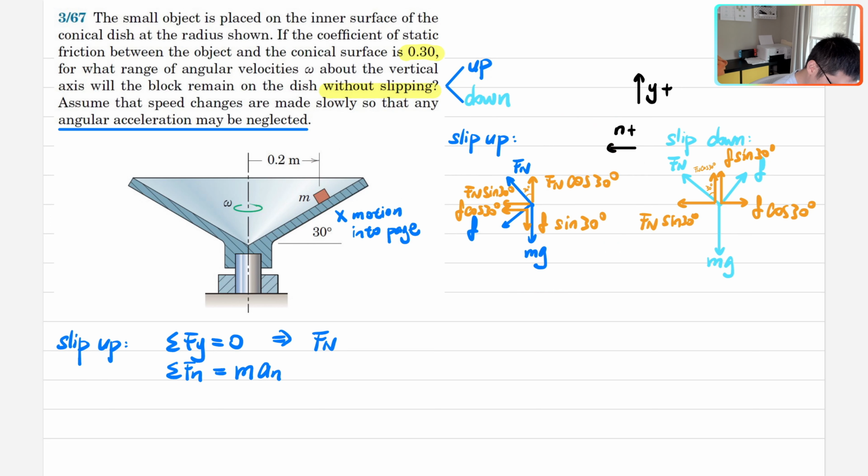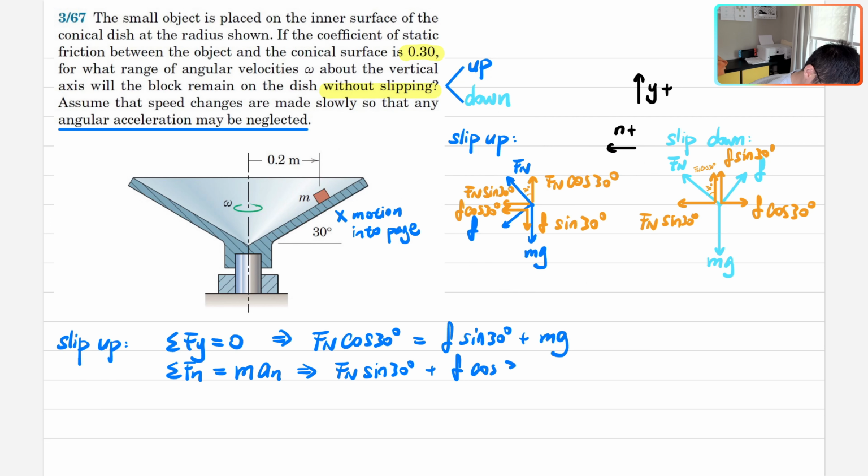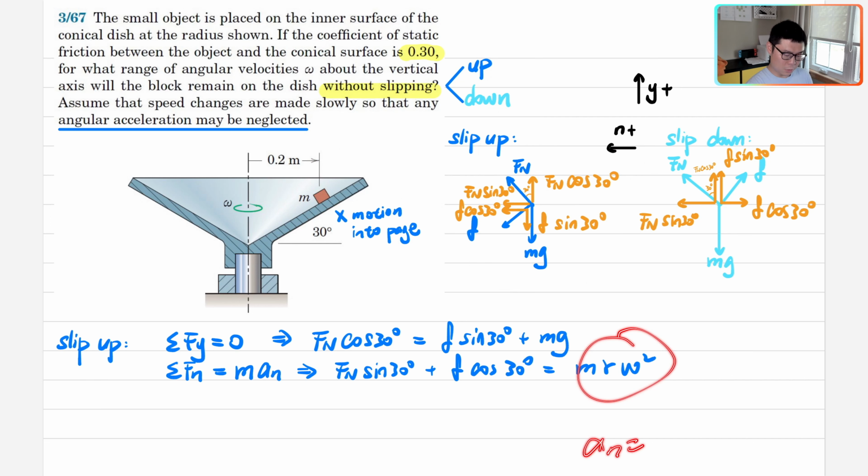On the vertical direction, I have Fn cos 30 degrees equals friction sine 30 plus mg. And for the n direction, I have Fn sine 30 degrees plus F cos 30 degrees equals m r omega squared.